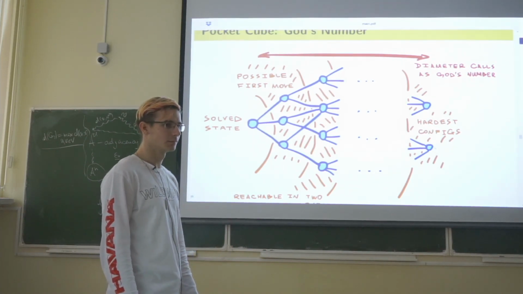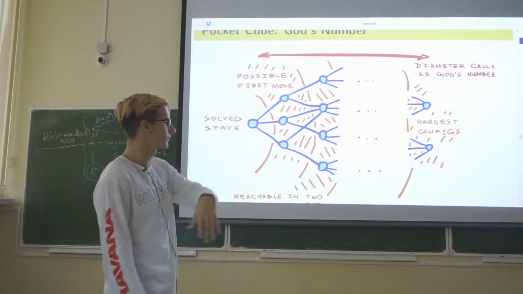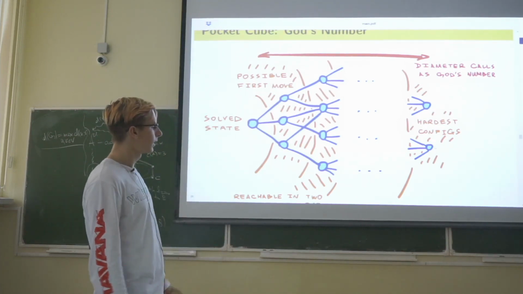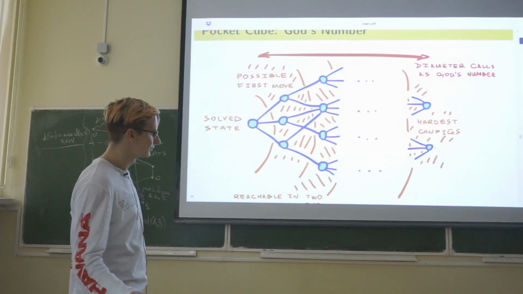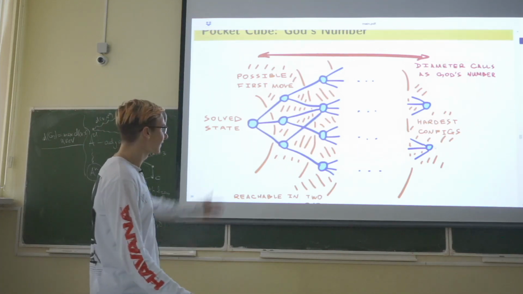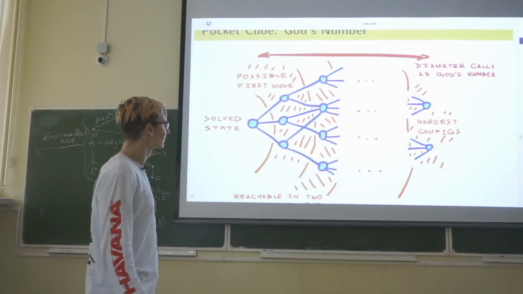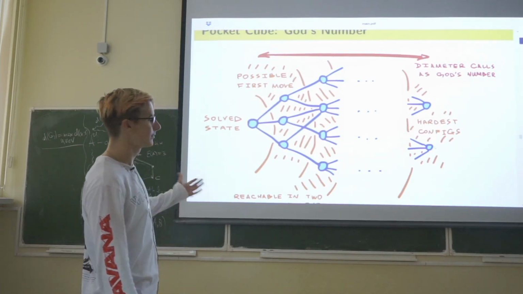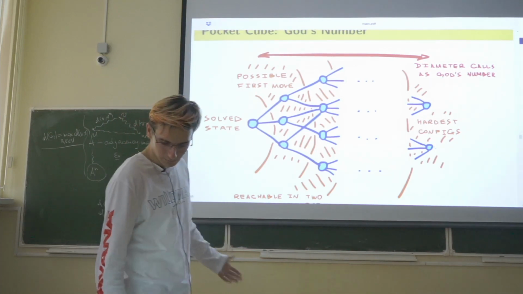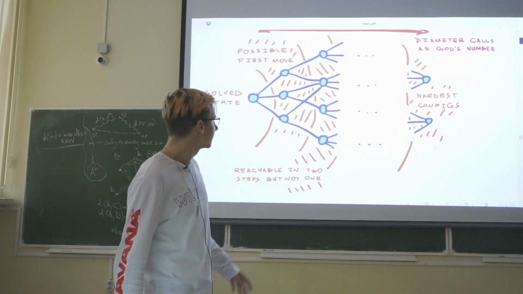Oh, sorry, not 12, 20. 20. And it's interesting that we have billions of billions of vertices, but the diameter is equal to 20.